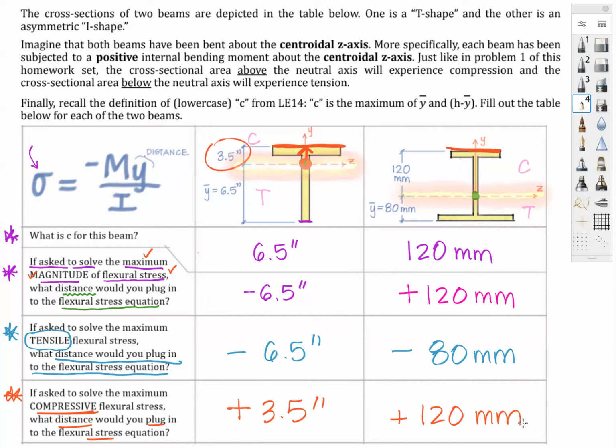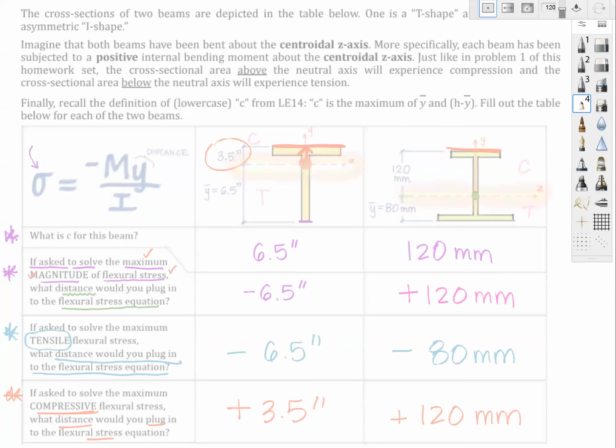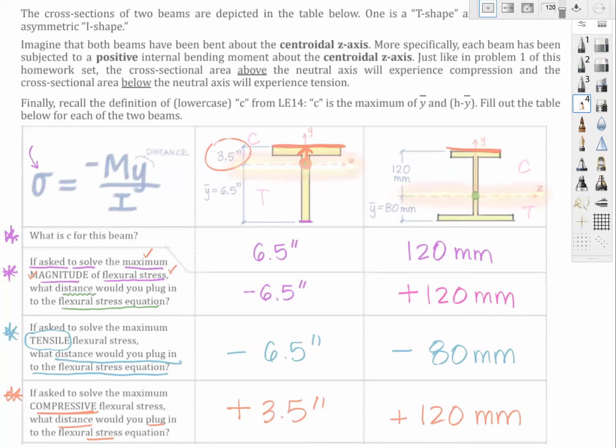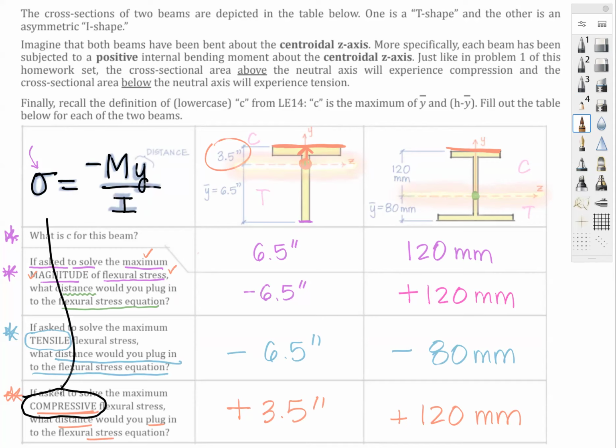Let's spot check this last one and make sure that our answer makes sense. Okay, so I'm going to pretend like I'm plugging into the equation. I'm going to switch to a black marker here. All right, so my equation is sigma equals minus My over I. We want a maximum compressive flexural stress, so we're expecting that sigma is going to turn out to be negative.